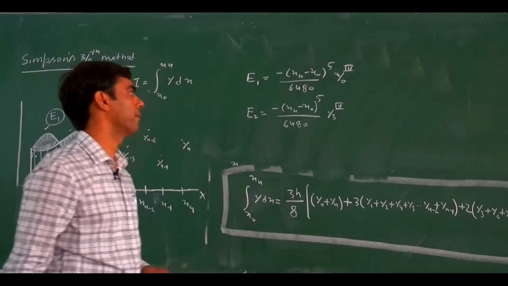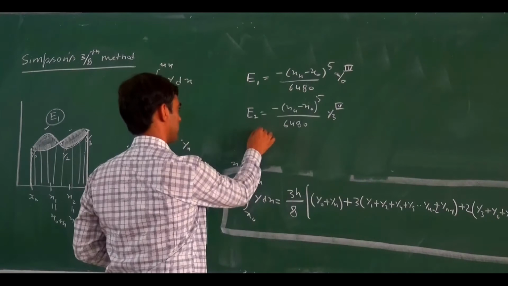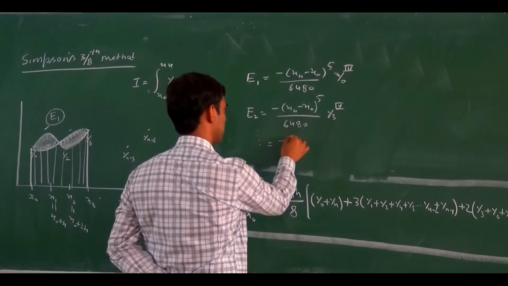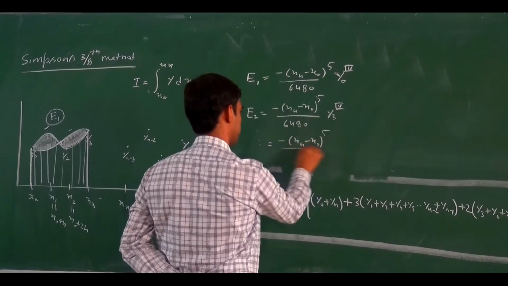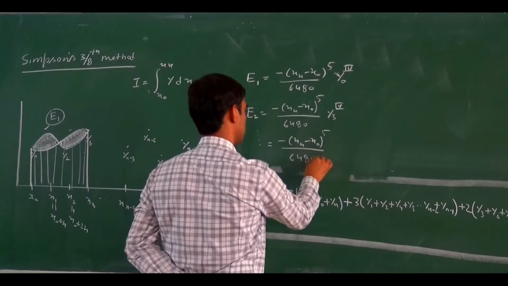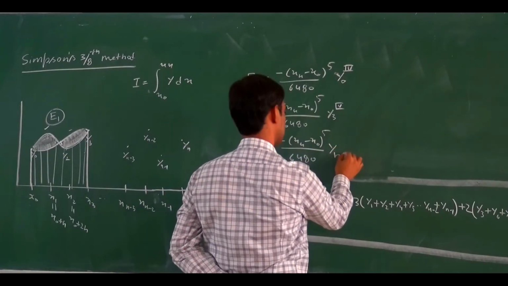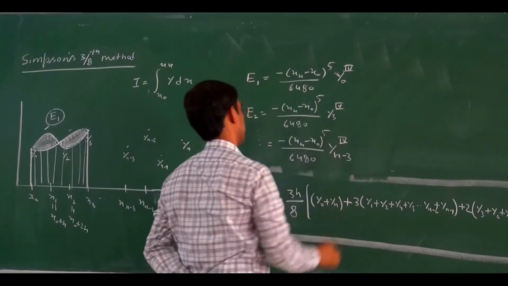In this way we can find the error in the last step, which is minus (xn minus x0) to the power 5 divided by 6480 times the fourth derivative of y at n minus 3.